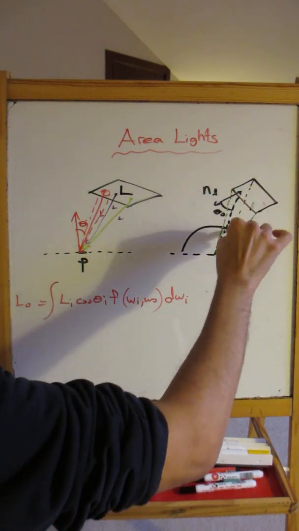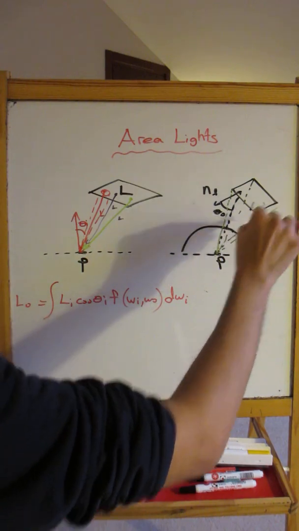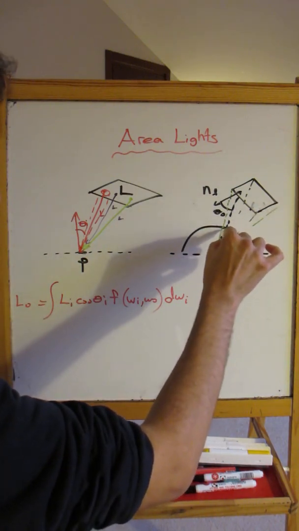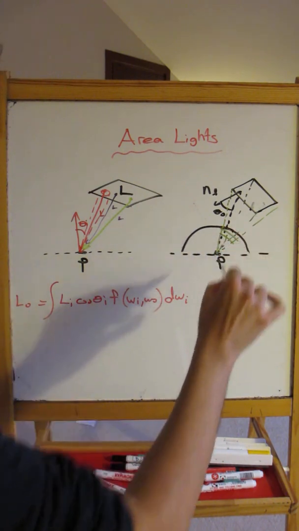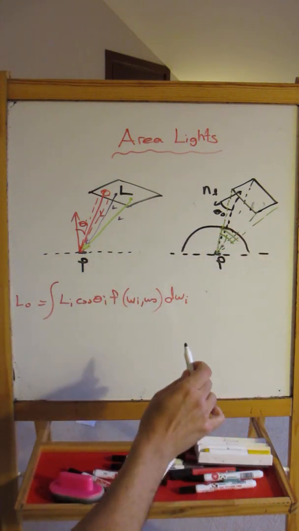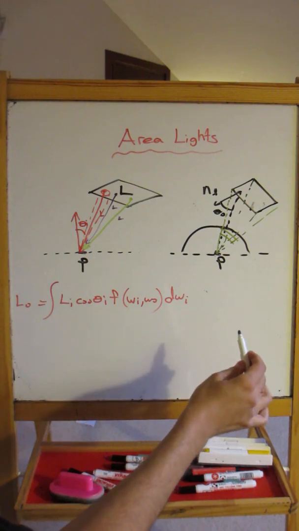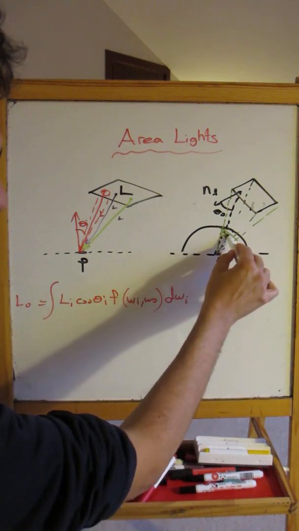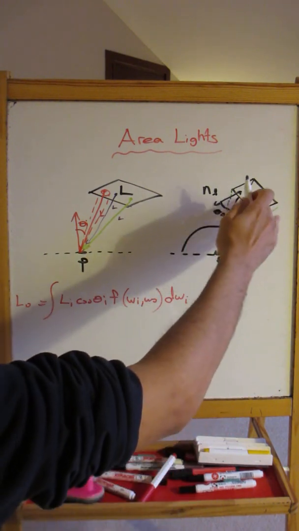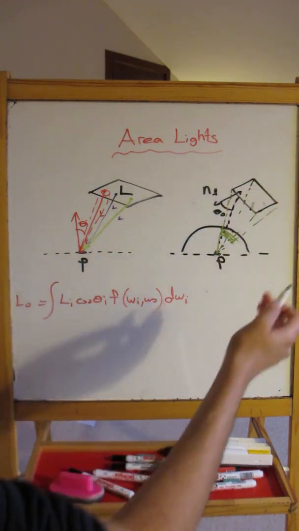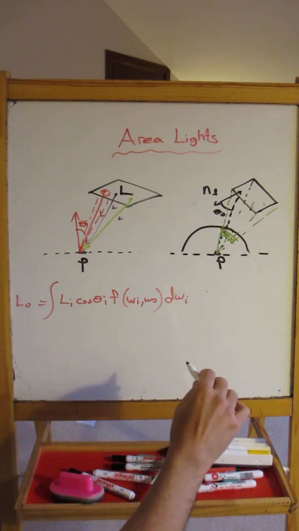Once you connect all of these, you are going to end up with a shape that's here. So this is basically the solid angle. This part here is the solid angle that is covered by this area light with respect to point P.